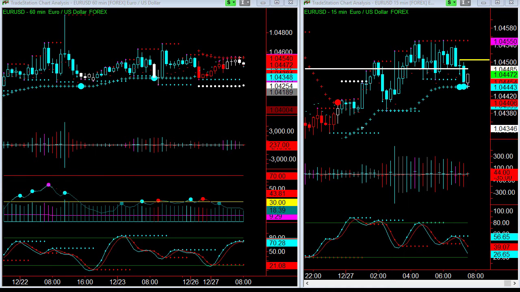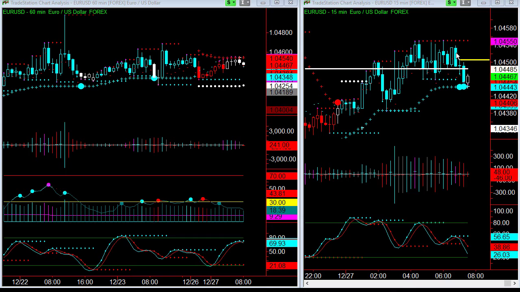Now I just want to show why I took the signal using the indicators. You can see that we're at the ATR on the 60-minute chart. So I'm trading right into this ATR on the 60-minute chart, expecting it to come down. This is the 12-minute chart.